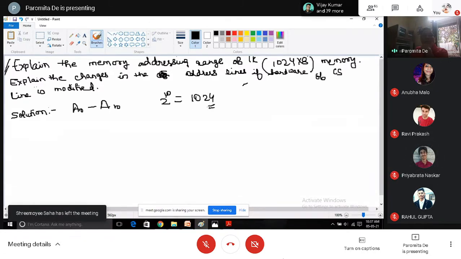So we will be able to address the whole range of memory with 10 address lines, A0 to A9, sorry, A0 to A9. Okay. So then let us reverse it. Let us make it A9 down to A0. So from all 0s to all 1s, that is the memory range that I am addressing.